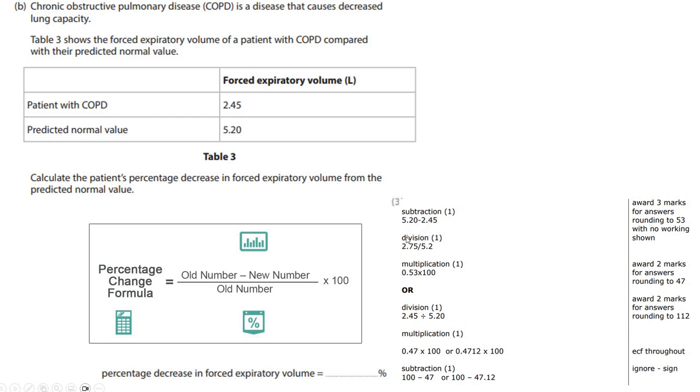And then you get a mark for dividing the difference over the original value. And then a mark for timesing that by 100 to get a percentage. So your answer should be 53.